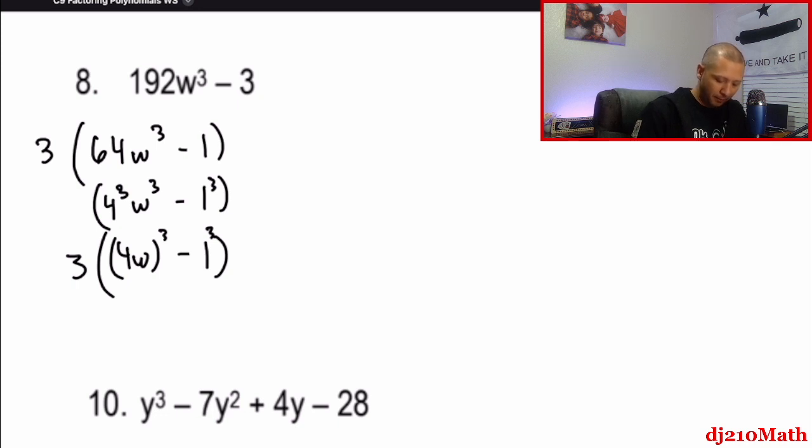All right, so that means this is A, this is B, and it's a difference of cubes. A difference of cubes because it's subtraction. So this is going to be minus plus plus.